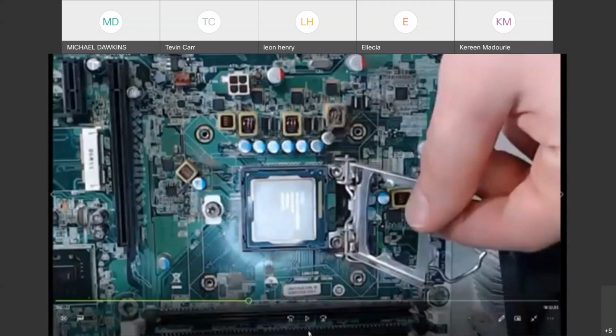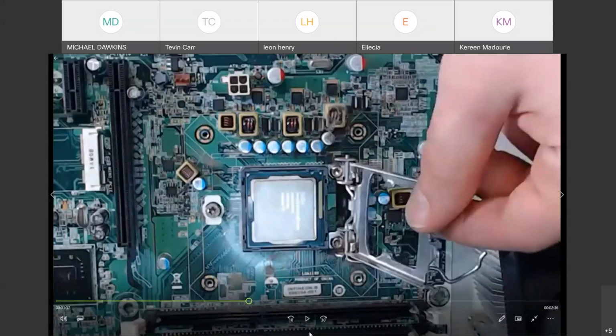And the difference is if it is pin grid array, then you will see the pins will be on the CPU, and you drop those pins into the holes in the socket of the motherboard. But this is a land grid, so it's flat.